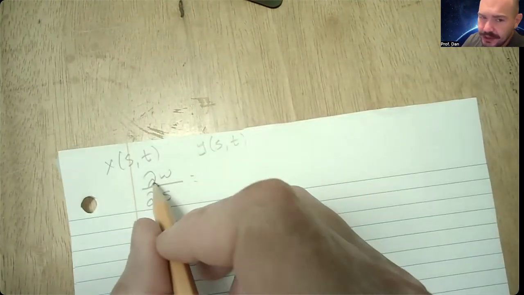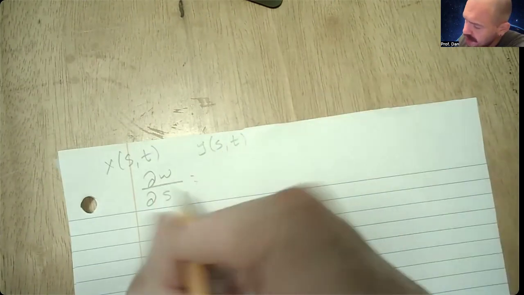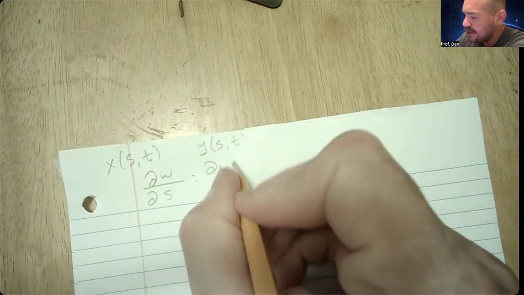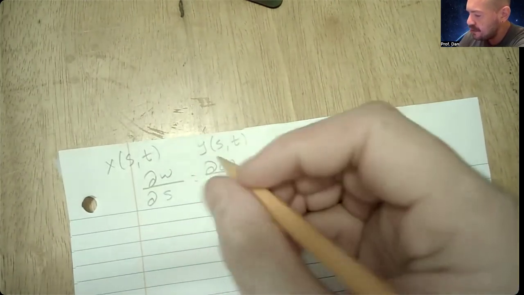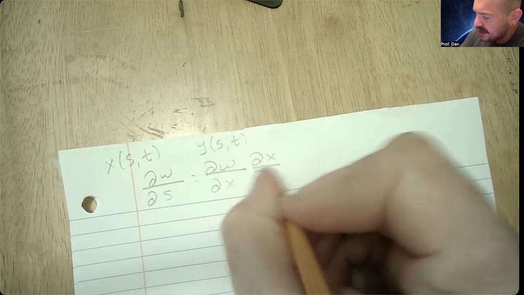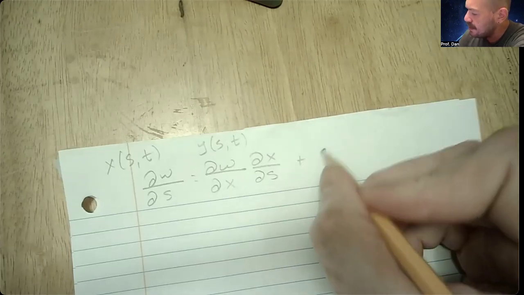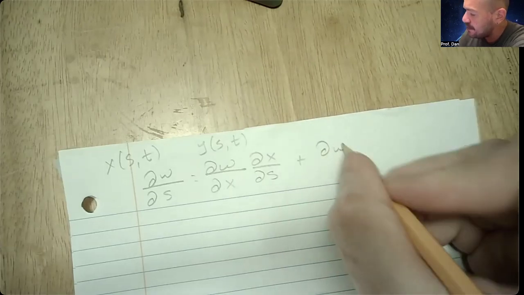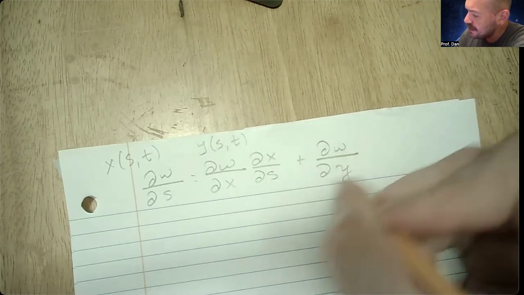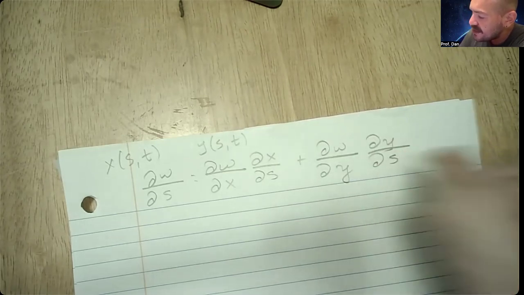If I wanted to find the partial of w with respect to the parameter s, then I would just need to take the partial of w with respect to x times partial of x with respect to s. That gives me the x part of the derivative. And to that, we would add partial of w with respect to y times partial of y with respect to s.